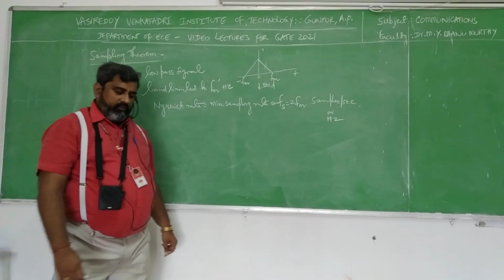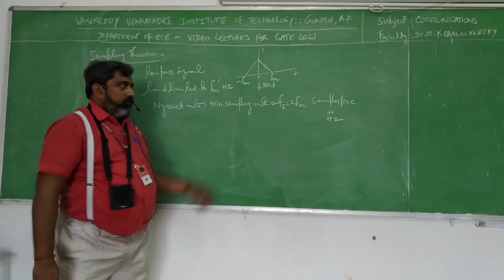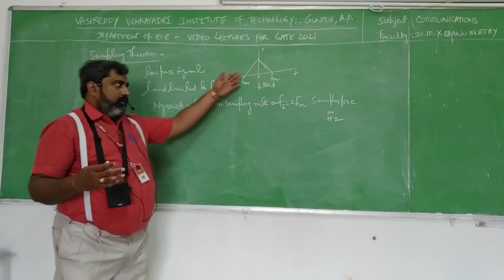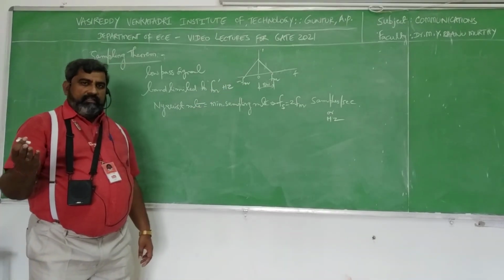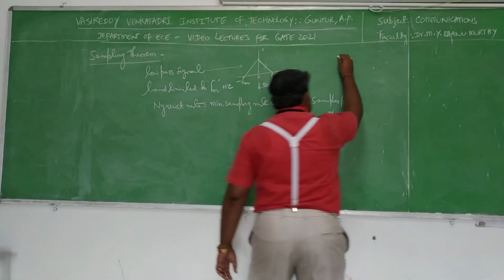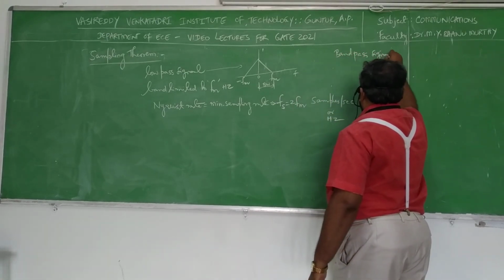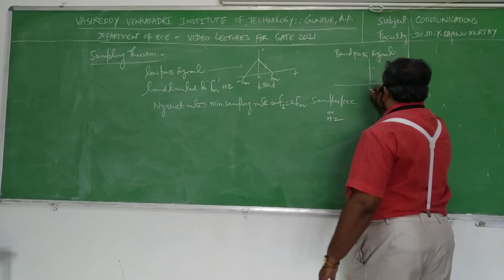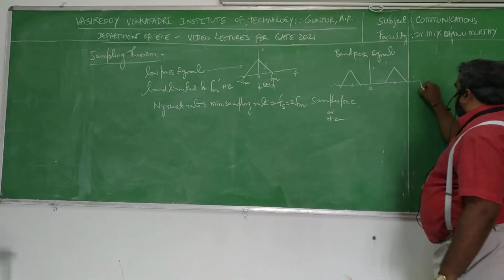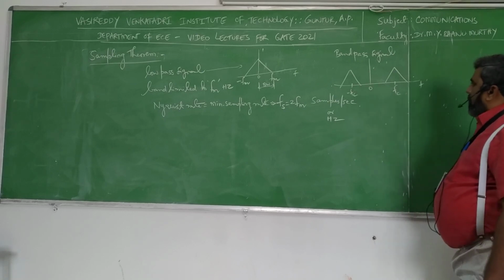Now, just now I put a question: low pass signal and band pass signal. What is a band pass signal? The low pass signal spectrum is centered at 0. For a band pass signal, the spectrum is not centered at 0, but at some other frequency. When this is the low pass signal, the spectrum of a band pass signal will look something like this, centered at some frequency, say FC.